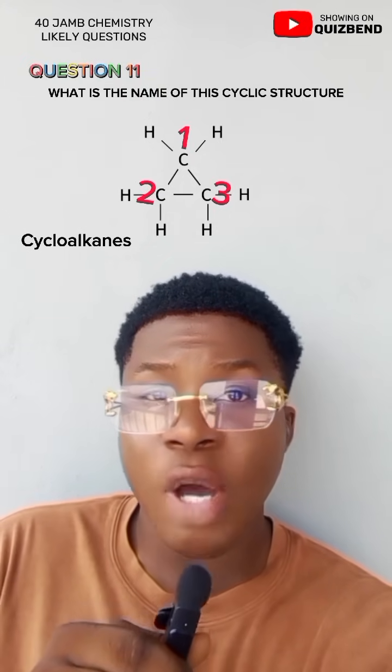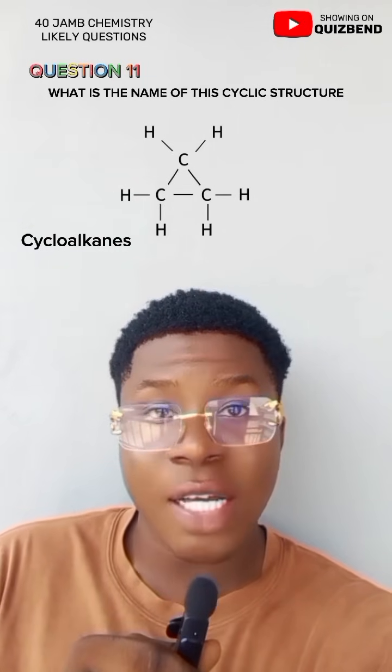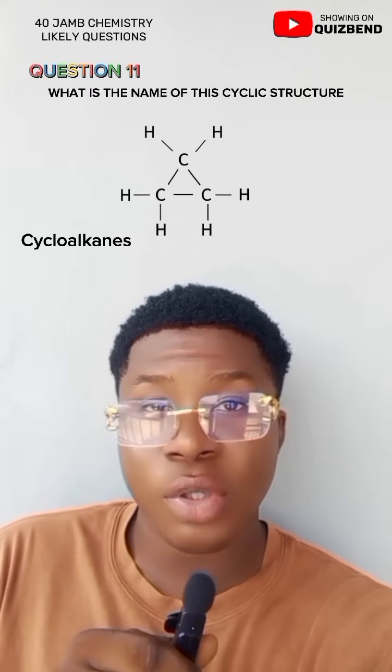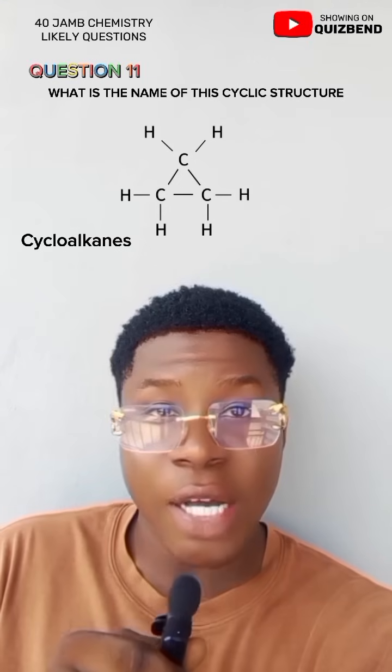That means we have 3 carbon atoms in the longest carbon chain, that is, in that ring, of this cyclic structure, and under the homologous series of cycloalkanes, this means this structure is a cyclopropane. If it has 4 carbon atoms, it's going to be called cyclobutane, but it has only 3 carbon atoms, so it will be called what?